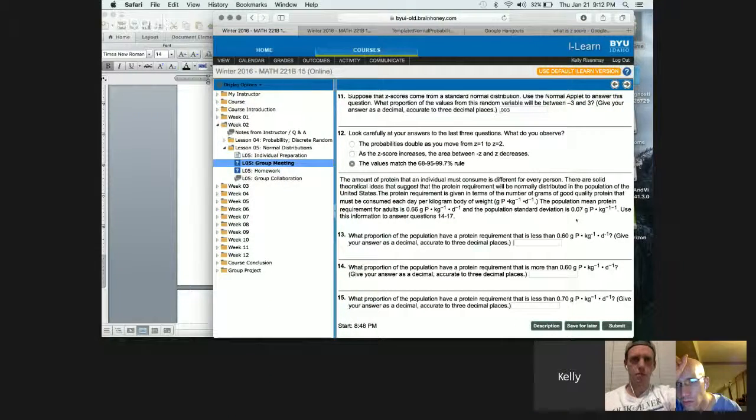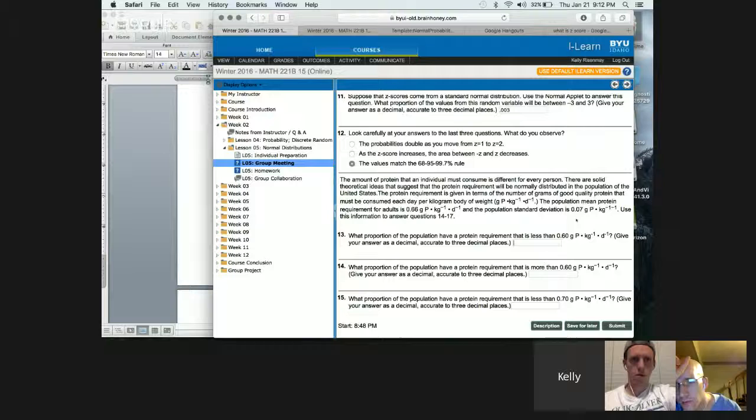What do the P and the kilo and the D stand for? The P is the protein. The kilo is the weight of people, and what's the D? Is it the distribution?